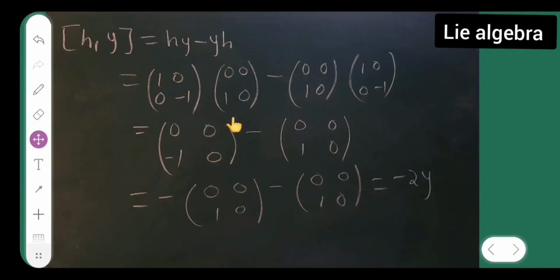Now you all need to find out what is your [H, Y]. So how are you going to find out your [H, Y]? The Lie bracket of H comma Y is equal to HY minus YH. So plug the value of H over here.